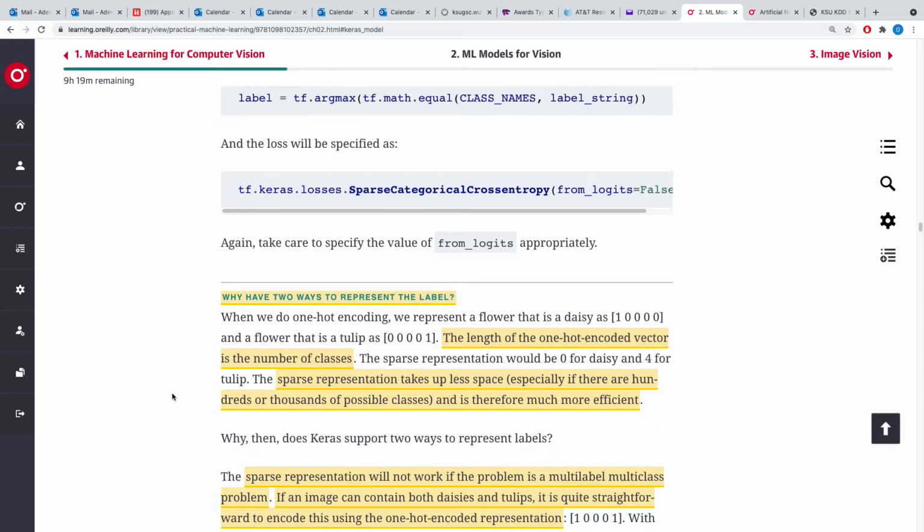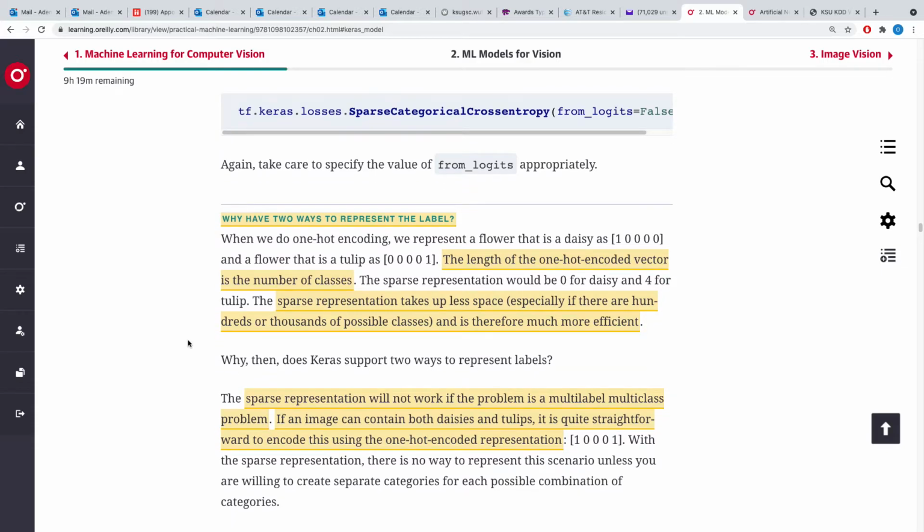So let's look at the two ways of representing the label, which are 1/0 encoding and the sparse encoding. If we use 1/0, you typically have a vector that is the length of the number of classes, and you just put a 1 wherever the class is present in that particular image.